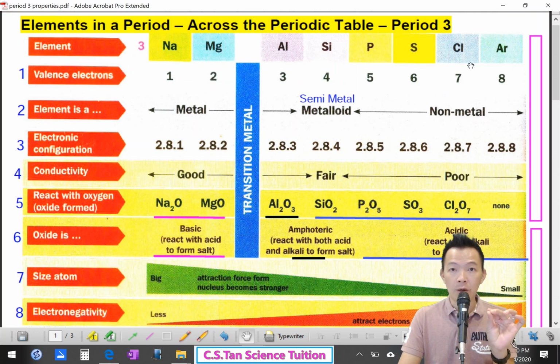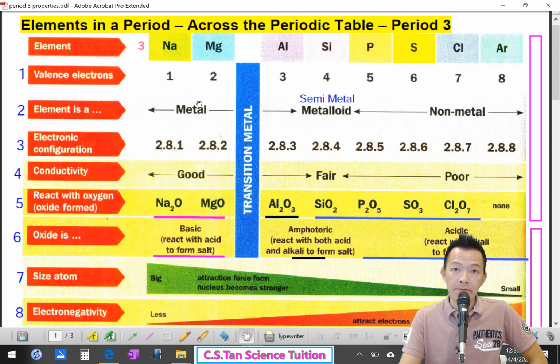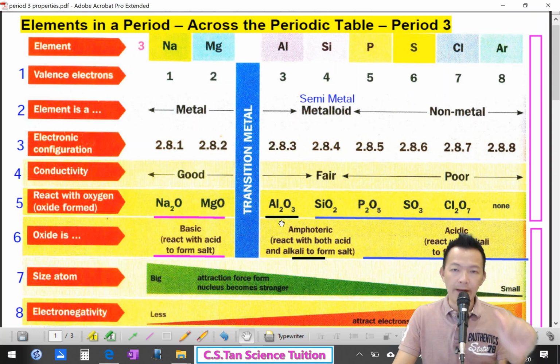Phosphorus, sulfur, chlorine, and argon, they are non-metal. So when you move across period number 3 from left to right, the element changes from metal to semi-metal and then becomes non-metal. So this is change number 1. It's not difficult.